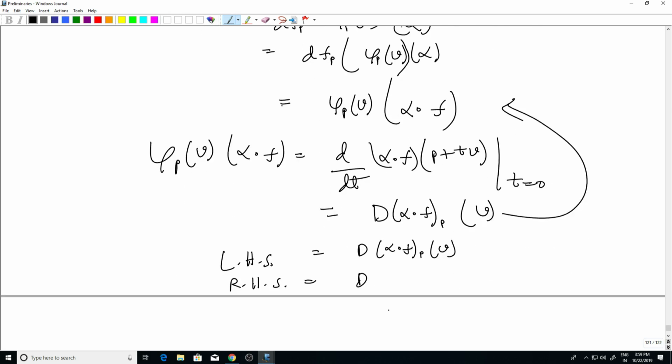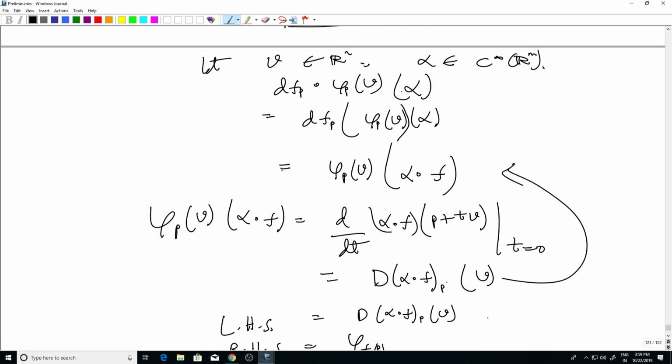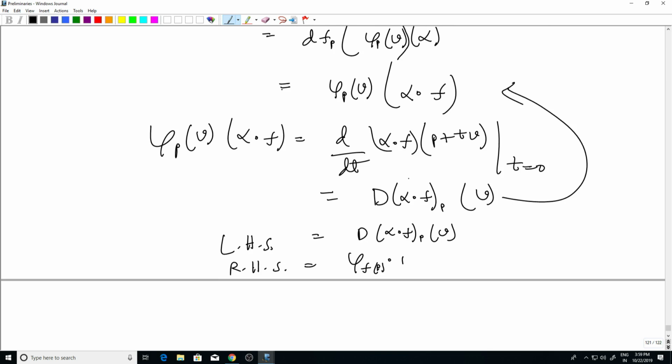Right hand side is phi at f of p, and then I have dfp composed with. Now the whole thing should act on v, and then eventually it should act on alpha.